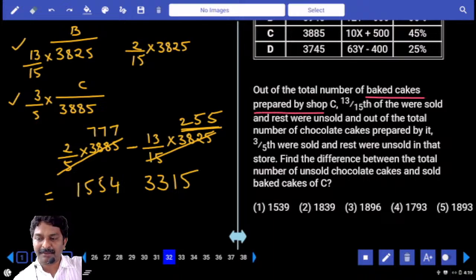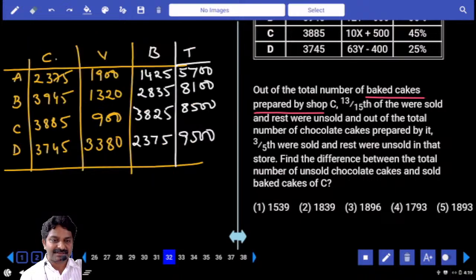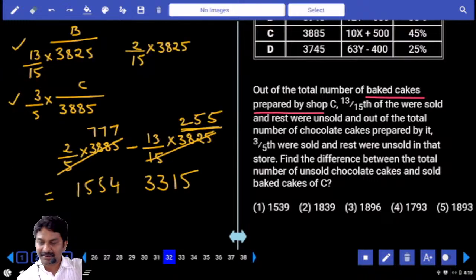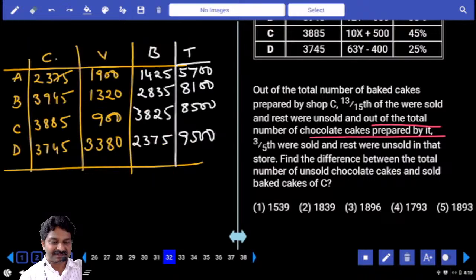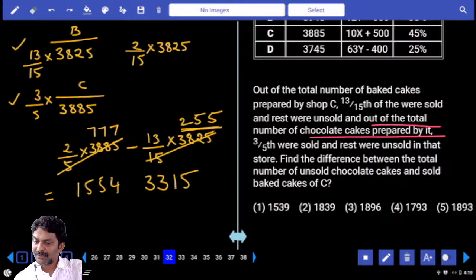Baked cakes prepared by C, 13/15 were sold. Yes, baked cakes C 3825. This is fine. Chocolate cakes prepared by C, chocolate cakes 3885. 3/5 were sold, rest were unsold. Fine.